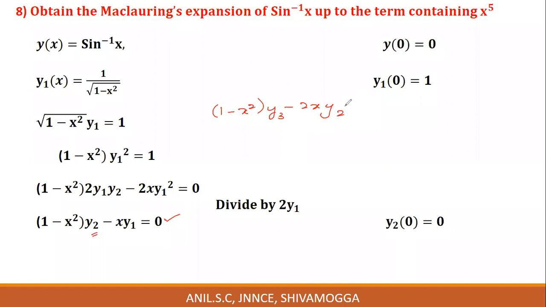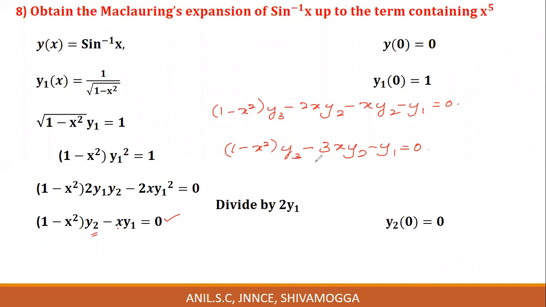Here minus x is the first function, keep it as it is, and the derivative of y1 is y2. The derivative of minus x is minus 1 into y1, which is minus y1, is equal to 0. Therefore, 1 minus x square into y3 minus 2xy2 minus xy2 is minus 3xy2 minus y1 is equal to 0.